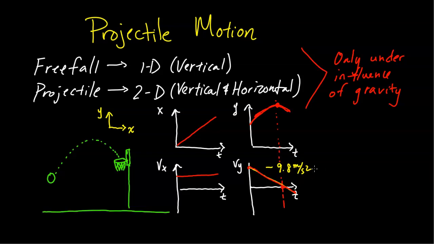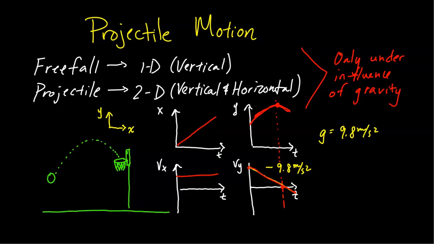That's a special number because that's the free fall acceleration, and we have a symbol for that. We give it the letter g, which is 9.8 meters per second squared. And if we make up positive, then the acceleration would be a negative 9.8 meters per second squared. So this is a graphical representation of projectile motion.